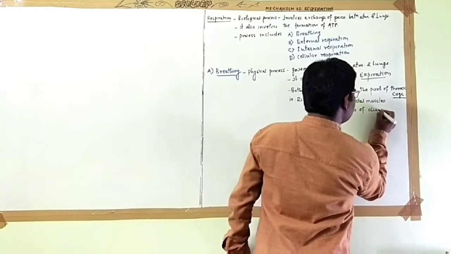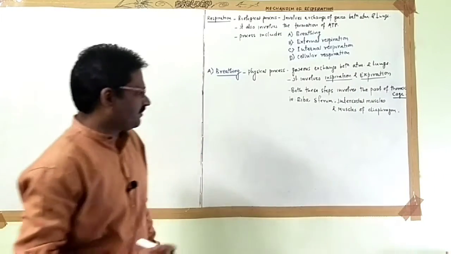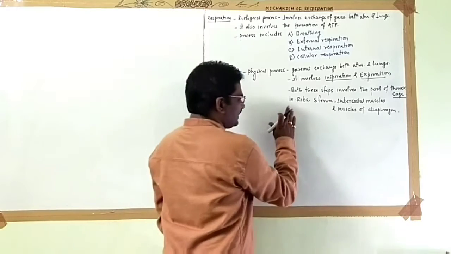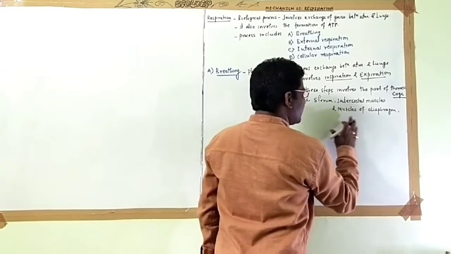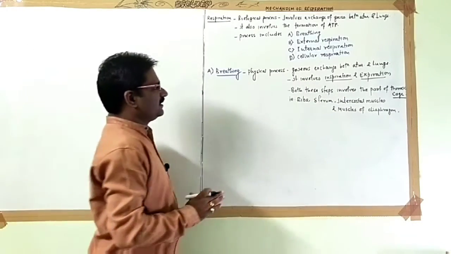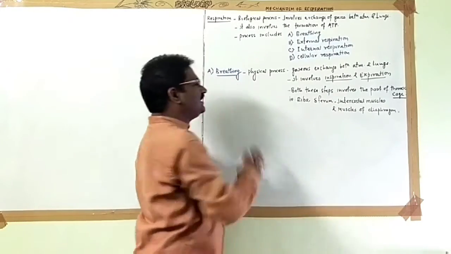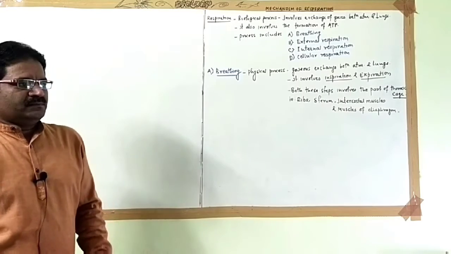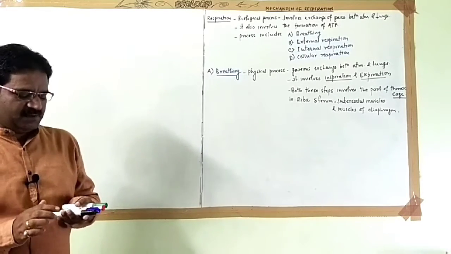We know diaphragm is the partition between thoracic cavity and abdominal cavity. All these parts, ribs, sternum, intercostal muscles and muscles of diaphragm, are included in this process, breathing. Now see the inspiration and expiration process.